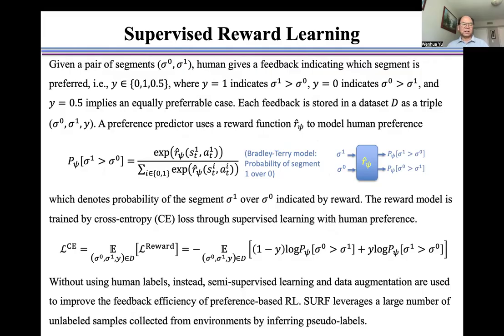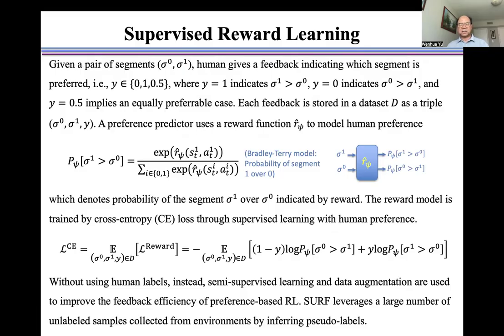The reward model is trained by cross-entropy loss through supervised learning with human preference as shown here. Without using more human labels, semi-supervised learning and data augmentation are used to improve the feedback efficiency of preference-based reinforcement learning.